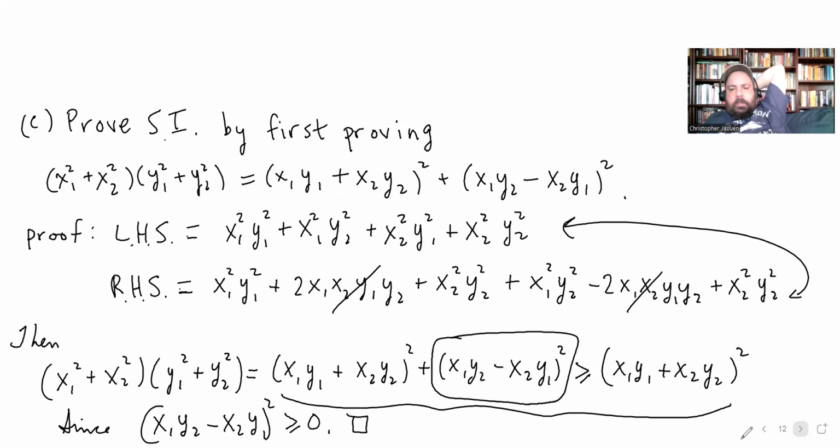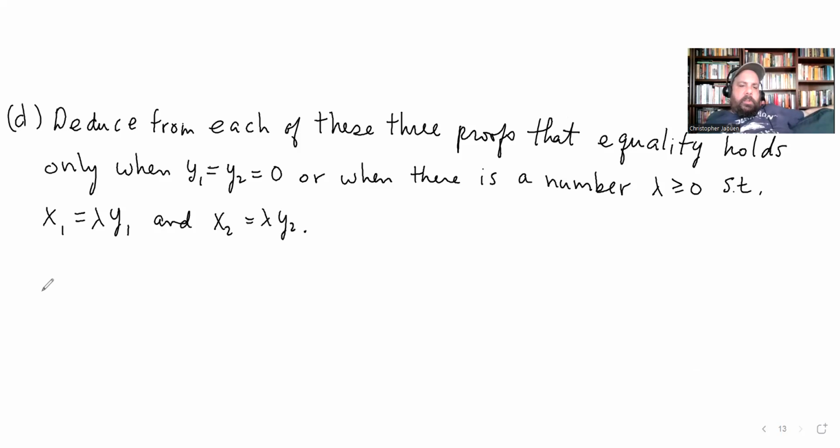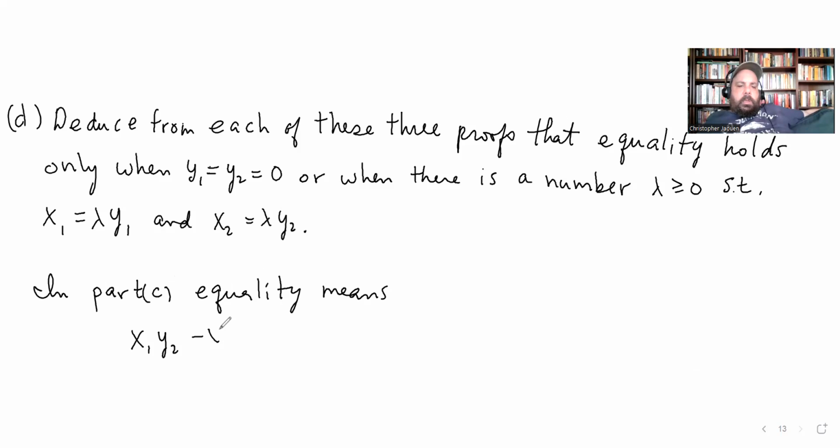Let me, just because I don't have space, in part C, equality means x1 y2 minus x2 y1 would have to be 0.